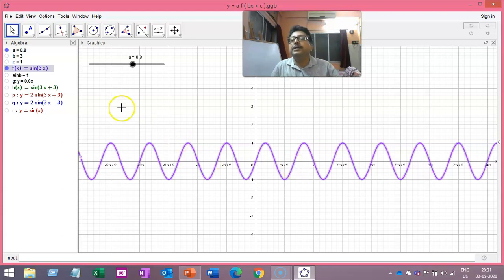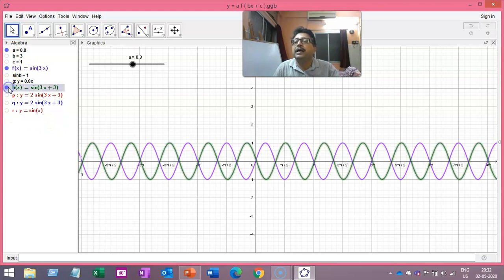The period of sin x was 2 pi. Sin 3x period is going to be 2 pi by 3. If you take this point of intersection, this to this length will be 2 pi by 3, and everywhere it is going to be 2 pi by 3. Now if we plot it for sine 3x plus 3, there also it is passing through the same point.